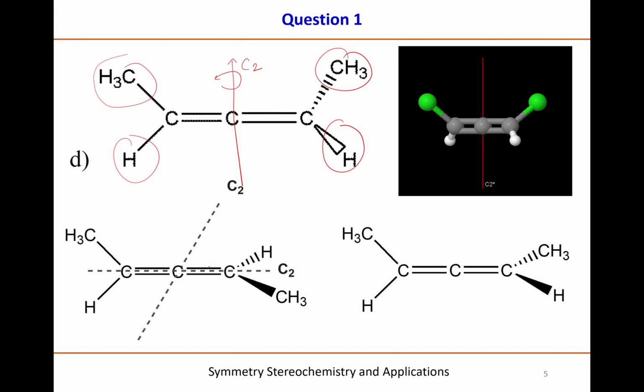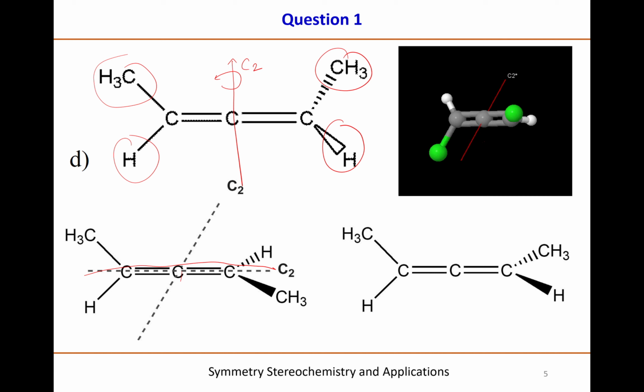So here one C2 axis is passing through this carbon, and one is passing through all the three carbons. So there are two C2 axes present. It's very difficult to explain in an online class because this is a stereochemistry type of molecule, a stereochemistry symmetry molecule. So you have to imagine in 3D.